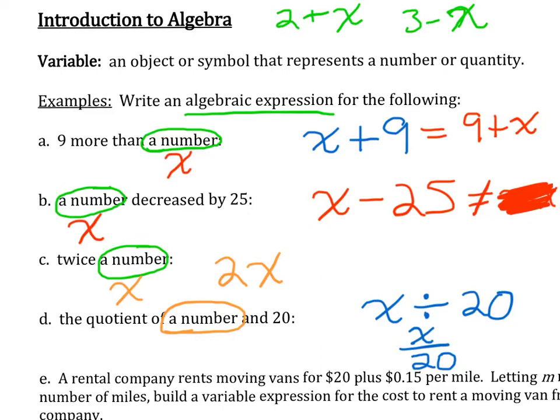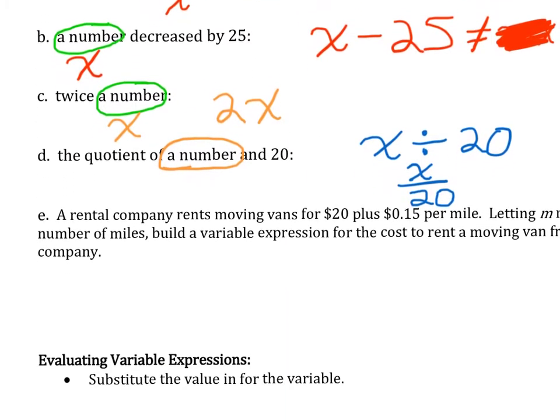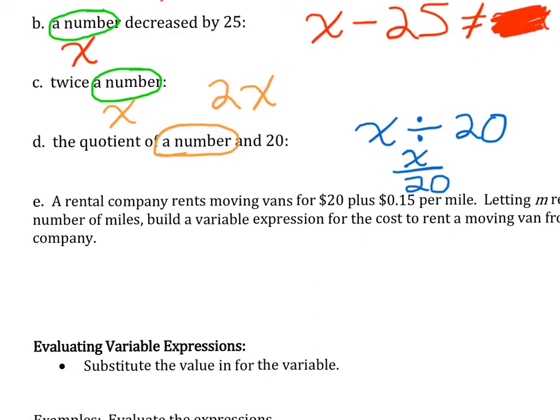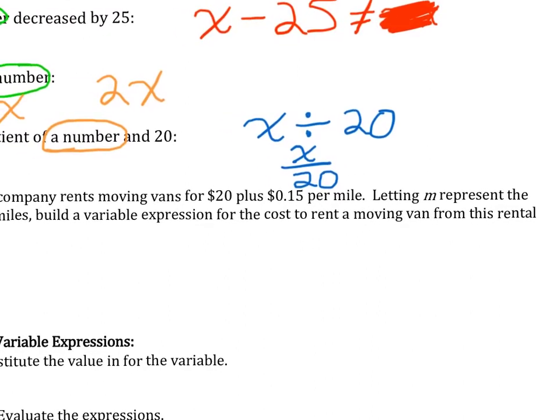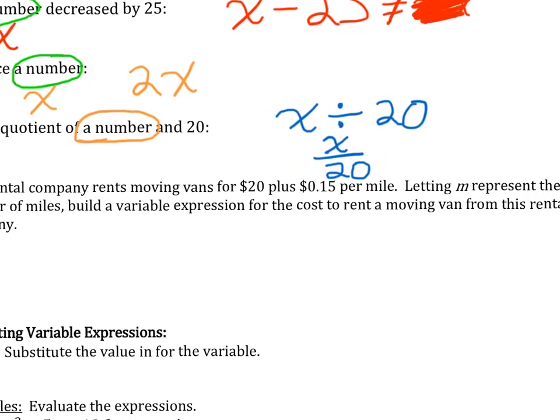Now we're going to look at an example where we look at a real world problem and change that into an algebraic expression. The problem reads: a rental company rents moving vans for $20 plus 15 cents per mile. Letting M represent the number of miles, build a variable expression for the cost to rent a moving van from this rental company.